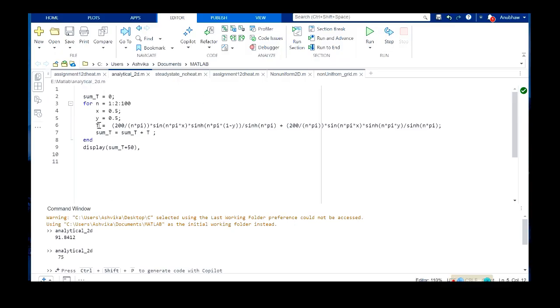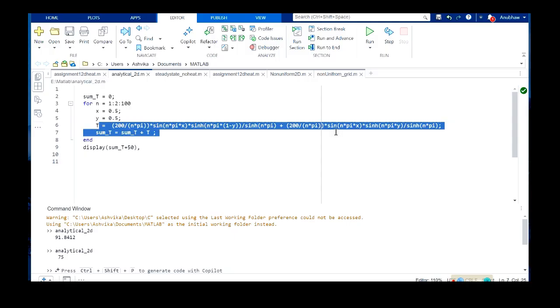So this is a similar equation: 200 upon n pi sine n pi x into sine hyperbolic n pi (1 minus y) divided by sine hyperbolic n pi, plus 200 upon n pi sine n pi x sine hyperbolic n pi y divided by sine hyperbolic n pi.